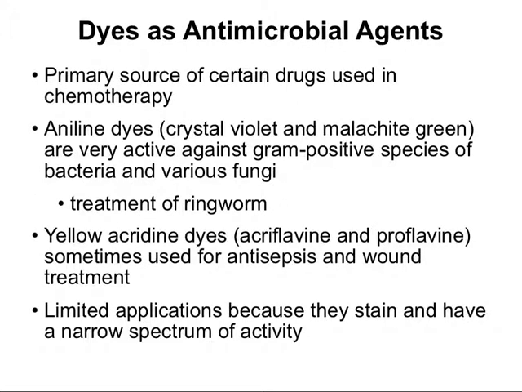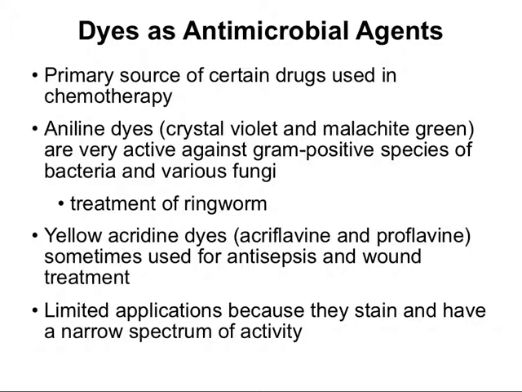Next, we take a look at dyes as antimicrobial agents. We're talking about dyes like crystal violet and malachite green. Many dyes are the primary source of certain drugs that are used in chemotherapy. There are aniline dyes, which are very active against gram-positive species of bacteria and various fungi.